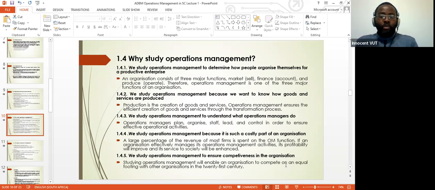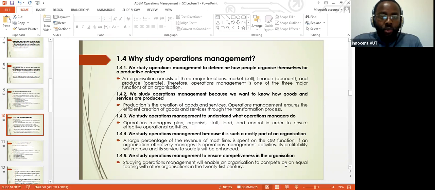So we need to study operations management so that we will know how to reduce costs in operations management. When costs are reduced, an organization can increase its profits, because most organizations are set up to make profit.